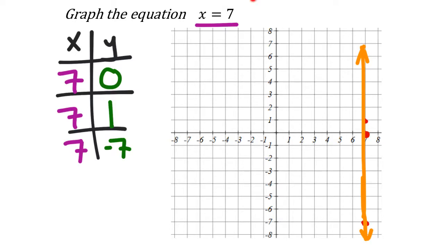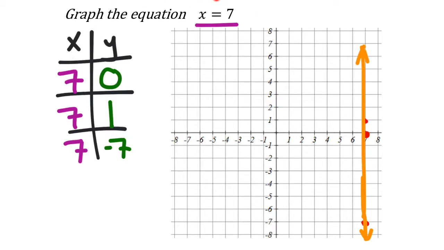So when you see x equals 7, or x equals anything, you're always going to end up with a straight up and down line. It may be right here where our orange line is. It could be over here. It could be over here. Never really know until they tell you. But remember that these ordered pairs still make this equation true, right?